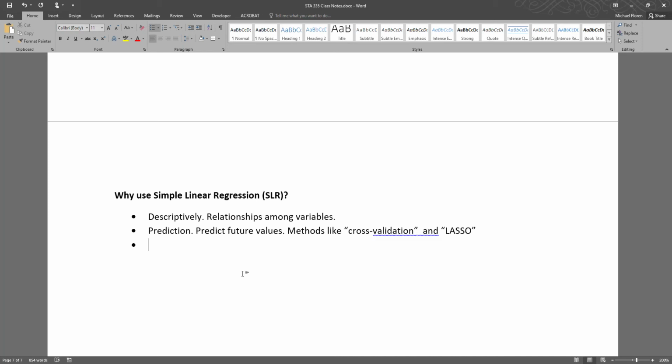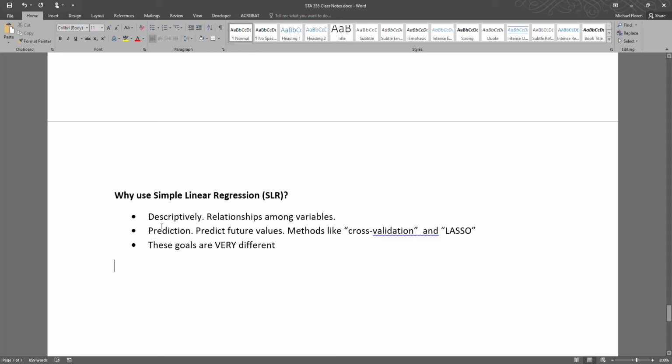In descriptive linear regression, we're really looking to describe and determine what the relationships among variables are. Goes without saying, these goals are very different and can have very different purposes and very different methods that we use to meet them.